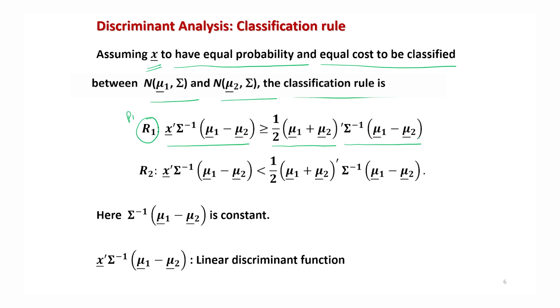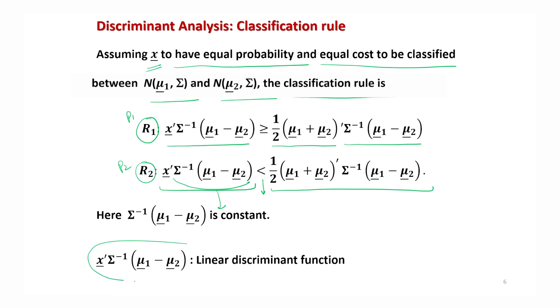Similarly, the observation is classified into P2, using the region R2, if this inequality is reversed: x transpose sigma inverse (mu1 minus mu2) is less than half (mu1 plus mu2) transpose sigma inverse (mu1 minus mu2).